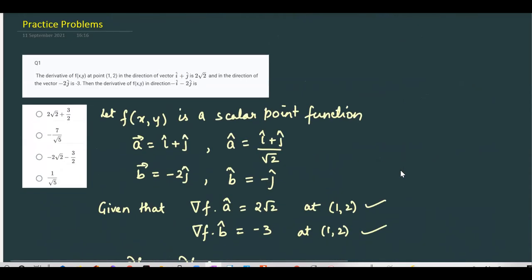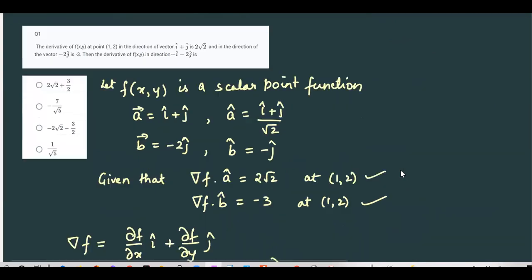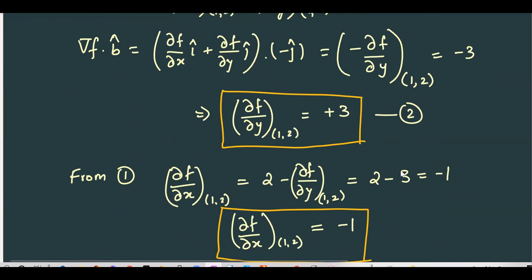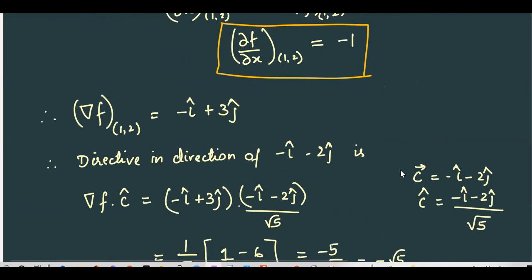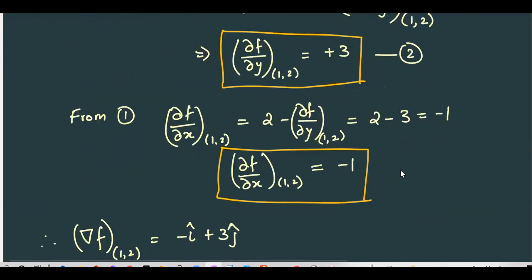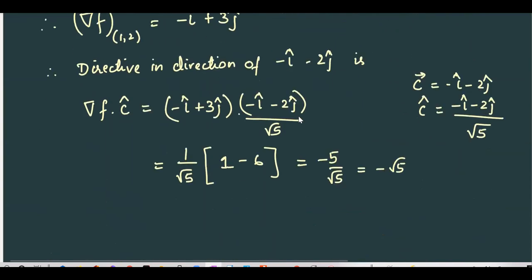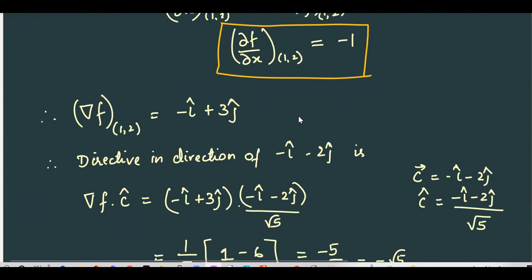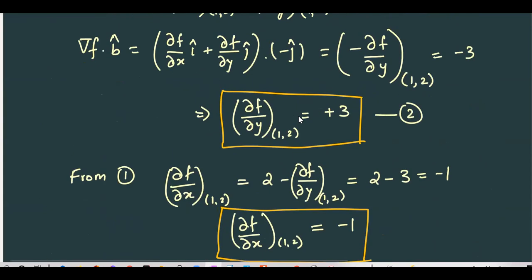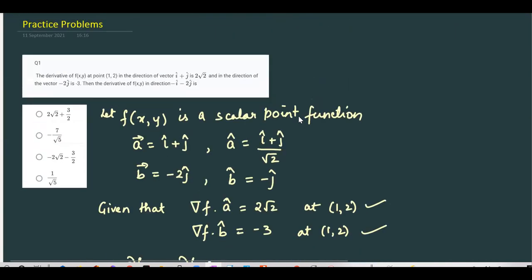Let's look at the answers. All right, let's see. ∂f/∂y is minus 3. Just a second. Okay, there may be a typo.